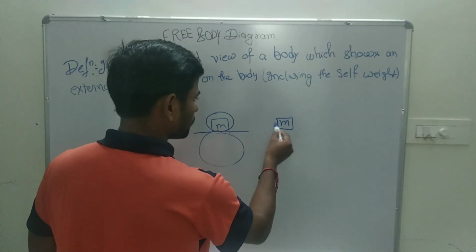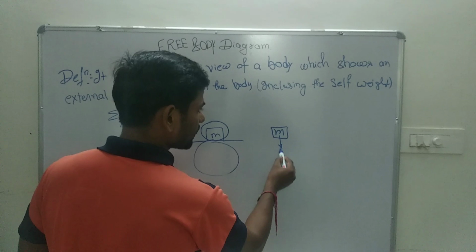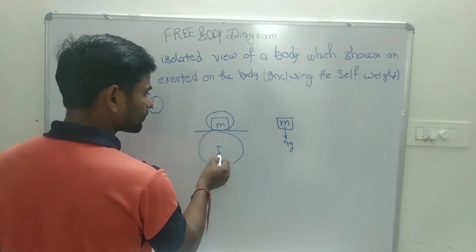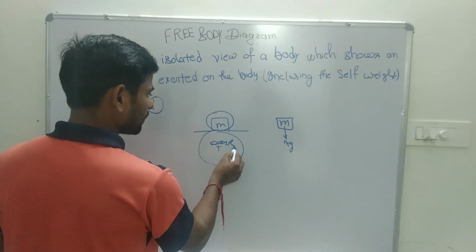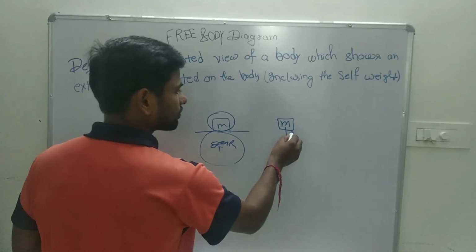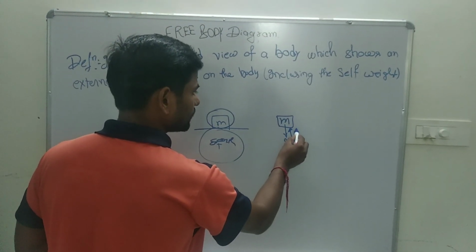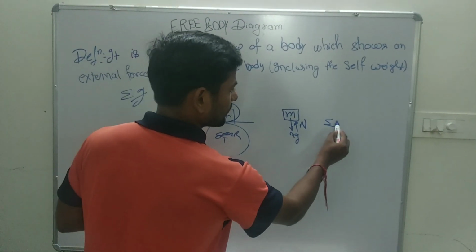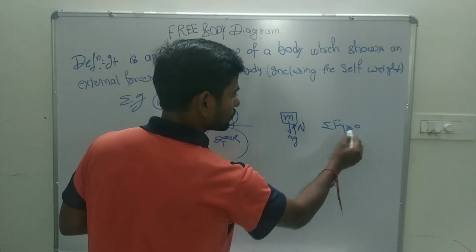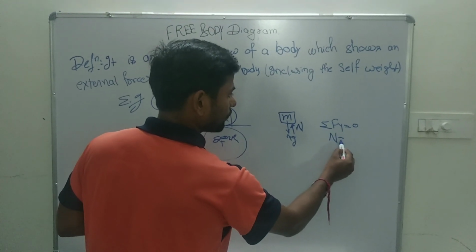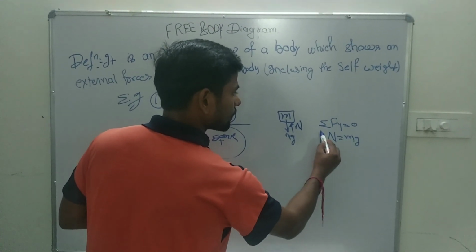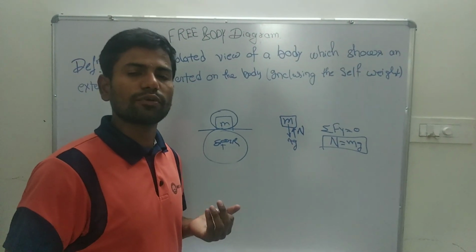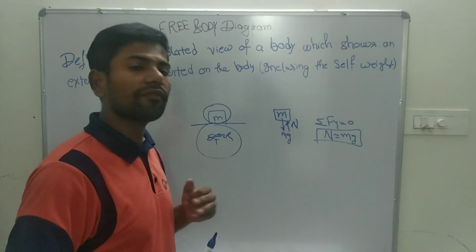Due to self weight, mg acts in the downward direction, and the earth exerts a reaction force on this mass, which is known as the normal. We can balance it: sum of Fy is equal to 0, then we get normal is equal to mg. So the FBD is a very important concept to solve this type of problem.